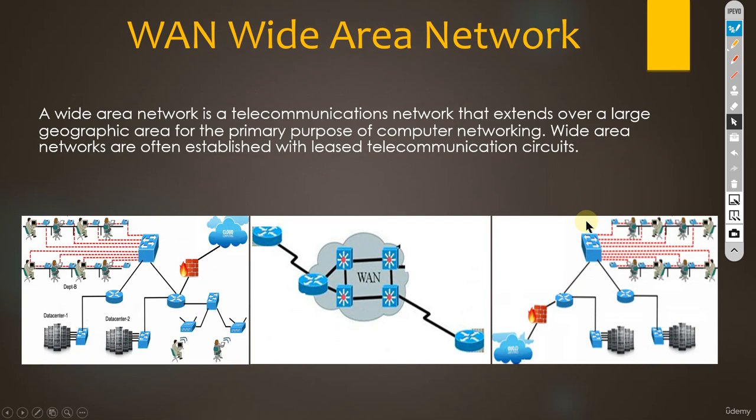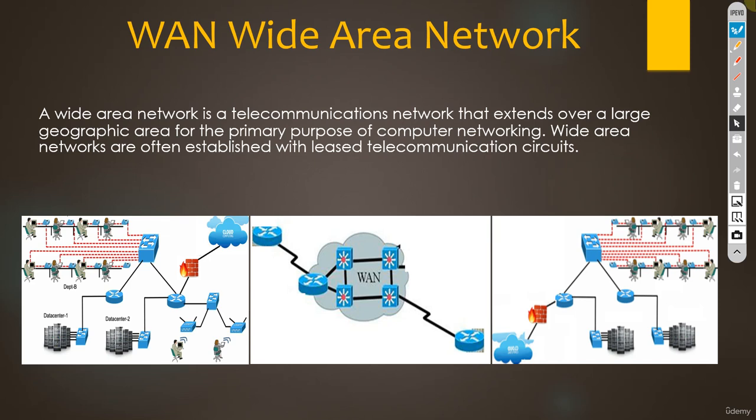which is talking about WAN, or wide area network. So we have already talked about small office, home office. We have talked about the enterprise network. But what if one enterprise network wants to communicate with another enterprise network, which is far, far away from the first enterprise network?